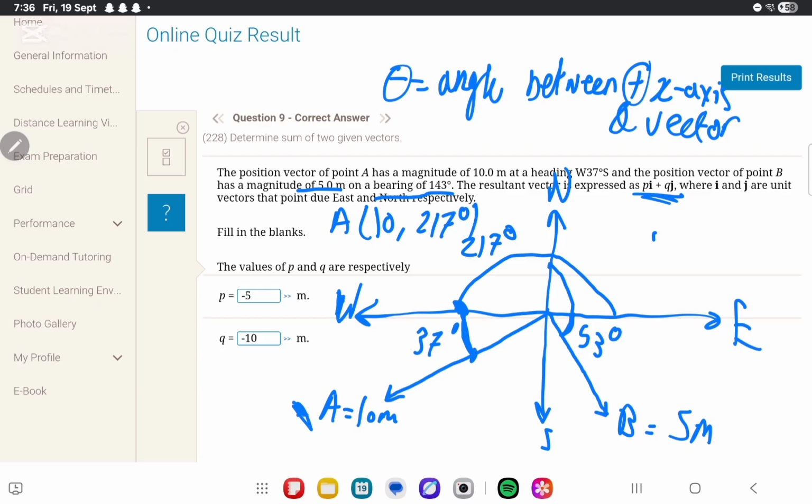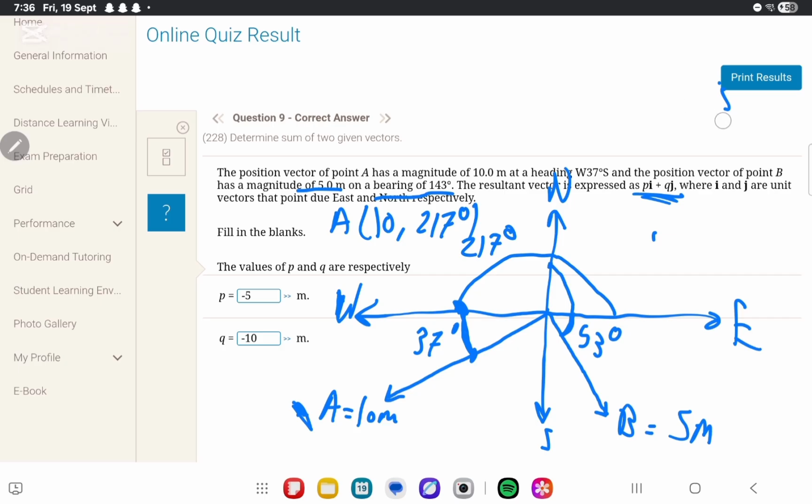Okay, now doing this by hand, because I'm not going to do this on a calculator now. x is going to equal 10 cosine 217 degrees, which gives me negative 8i. Okay, because it's negative 7.98, but you can round.